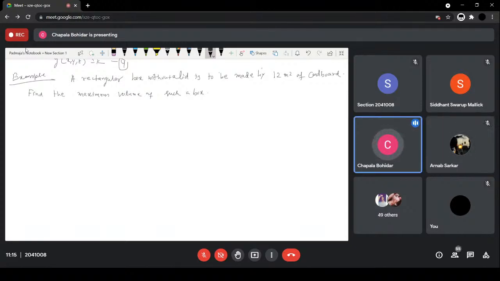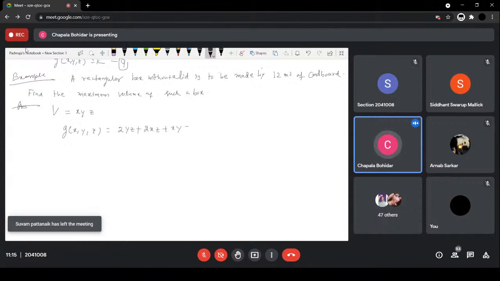We want to maximize the volume of the box, that is volume V is equal to xyz. Now the constraint given is g of x, y, z is equal to 2yz plus 2xz plus xy is equal to 12. Is it given or not? Yes.